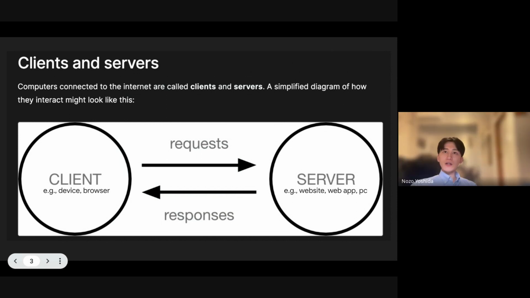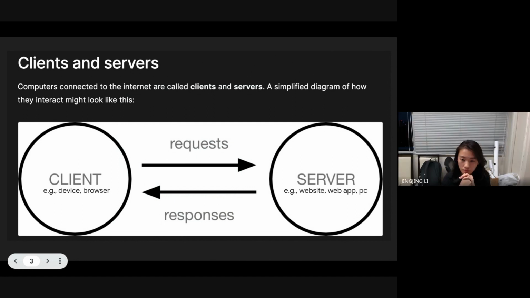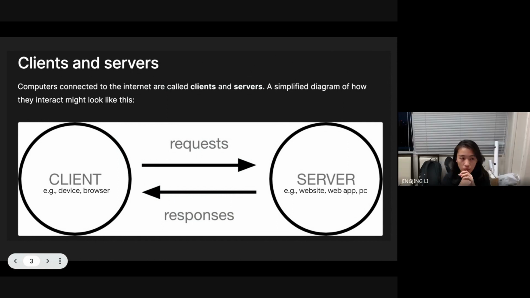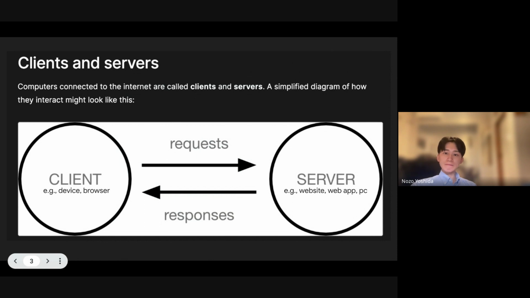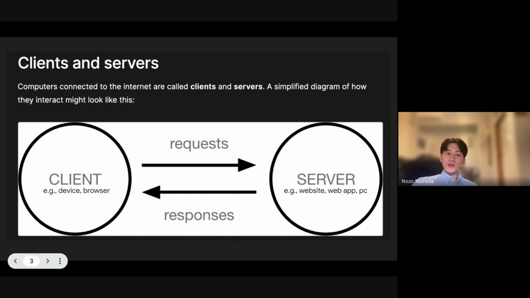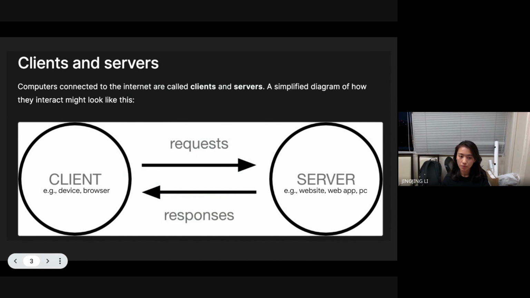And the server sometimes can be a website, a web application, or a PC. Have you ever heard of a data center? A data center is like a collection of servers. So many servers are there. I see. So you can just remember two concepts, client and server, and they communicate with each other by messaging.